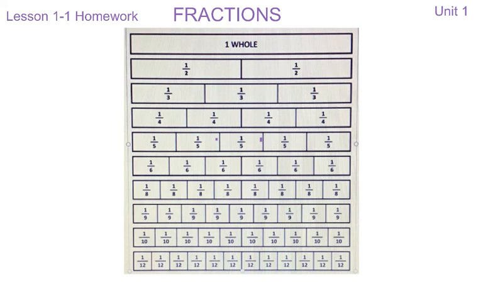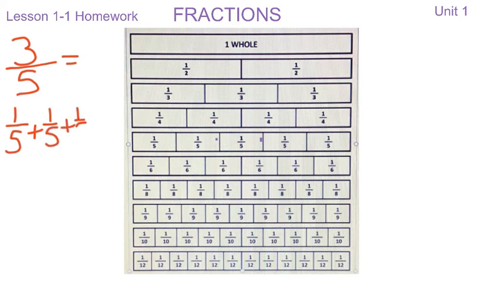So any fraction that's not a unit fraction, meaning that it doesn't have a 1 in the numerator, can be built by adding unit fractions. And what I mean by that is, for example, if we took the number 3/5, I can build 3/5 by adding unit fractions. 3/5 is just equal to 1/5 plus 1/5 plus 1/5.